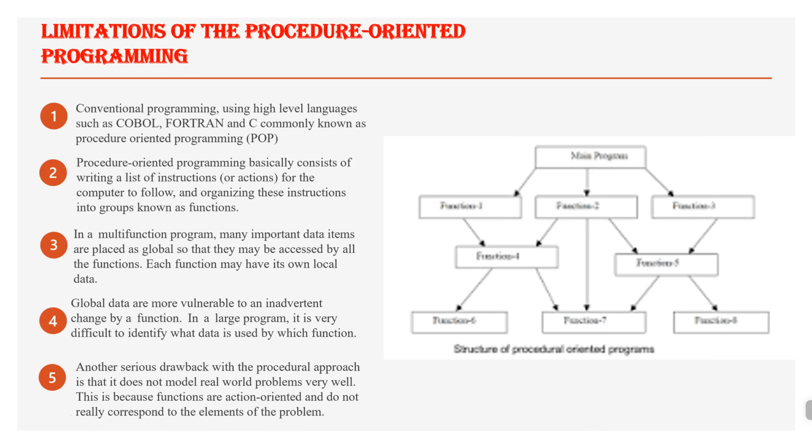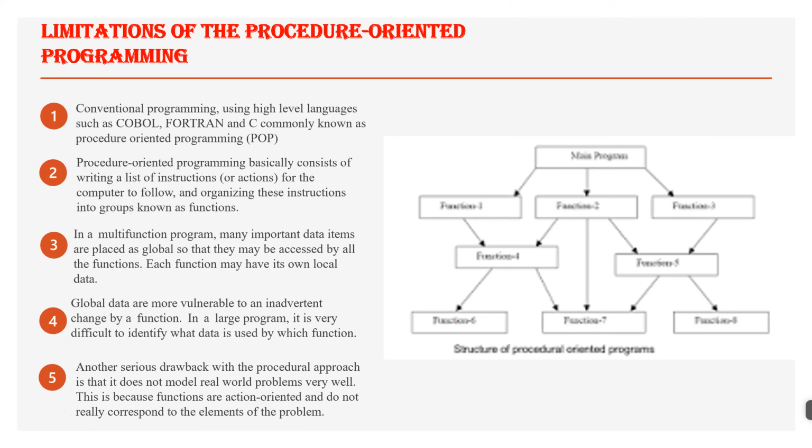In a large program, it is very difficult to identify what data is used by which function, because a procedure-oriented programming language gets the help of several functions, and a programmer may get confused in identifying the data, the changes to that data inside the function, or the visibility of the data inside and outside the function.